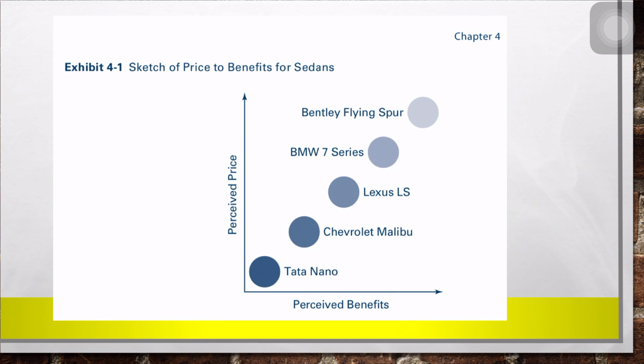In contrast, executives at Bentley have deliberately strived to deliver the most luxurious sedan on the market, with the Flying Spur. They have worked to give the Flying Spur superb performance, comfort, sound, and automation, to name a few dimensions of benefits.